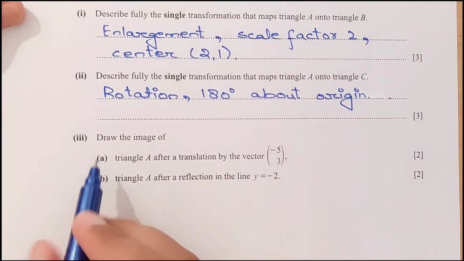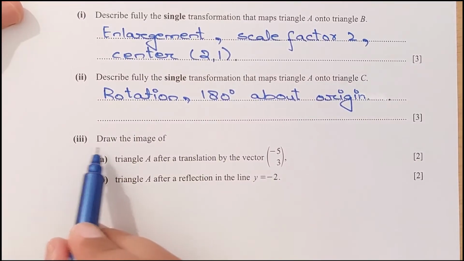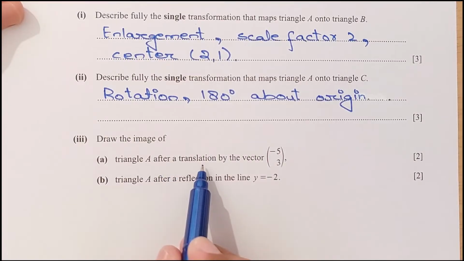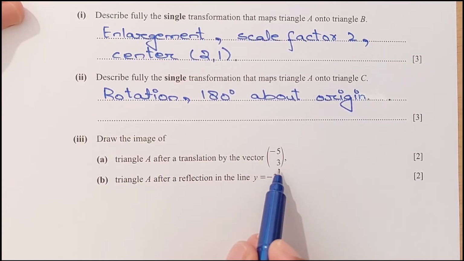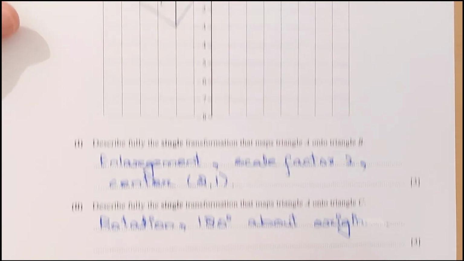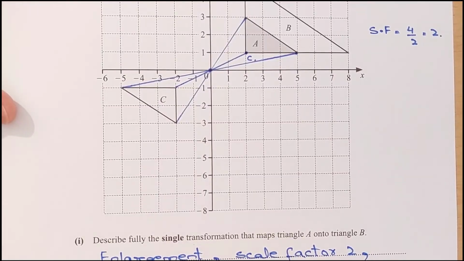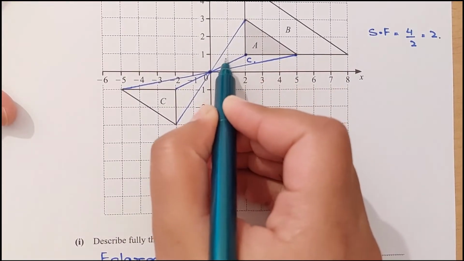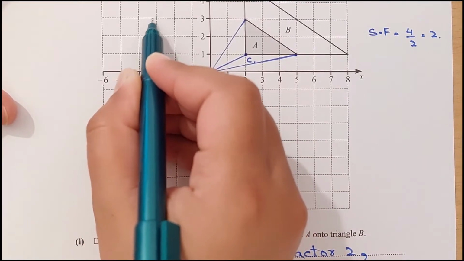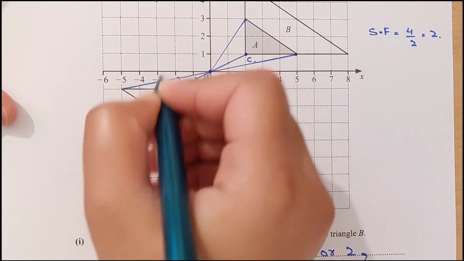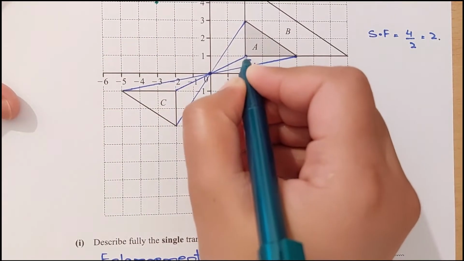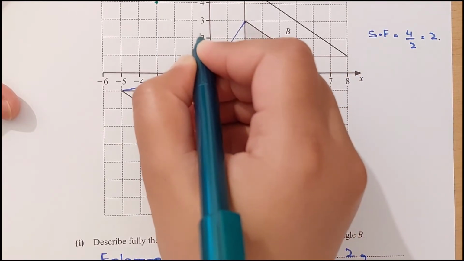Okay, now for the third part, draw the image of triangle A after translation by the vector (-5, 3). So that means 5 units left and 3 units up, right? So let me move 5 units left, this point, 1, 2, 3, 4, 5, and 3 units up, 1, 2, 3. So the coordinate is (-3, 4). Now for this point, 1, 2, 3, 4, 5, and 1, 2, 3.